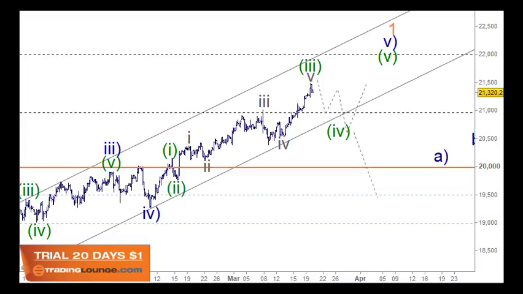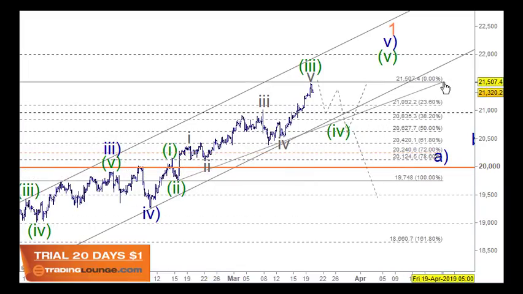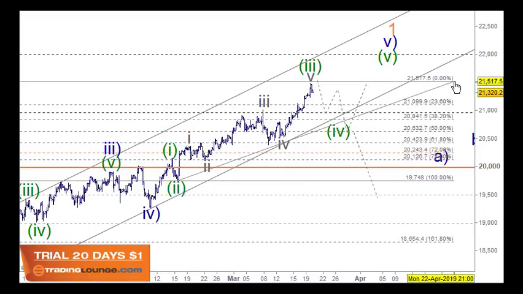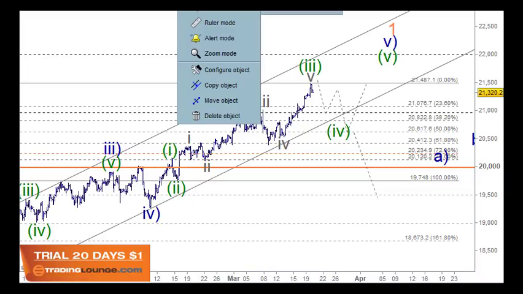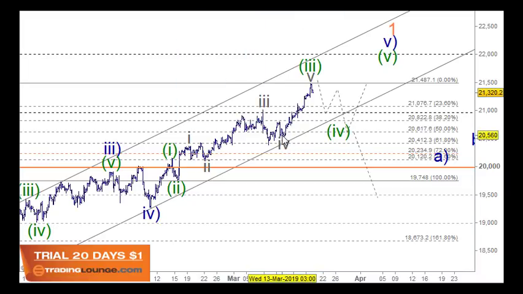If this was going to pull back here, then we can look at this low here, and this high, you can adjust that. If there's another little high there, then you can adjust that. So the 38.2% retracement level is here, and this is the wave 4 of one lesser degree. So we have to take both of those into account, this wave 4 here and the 38.2% retracement level.